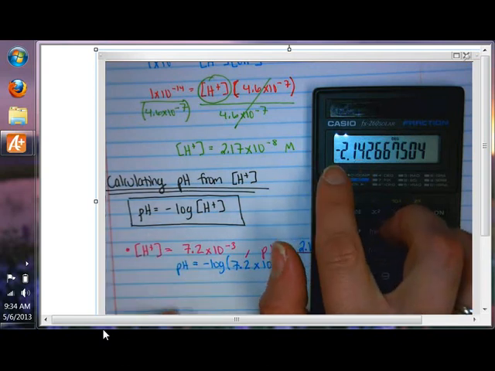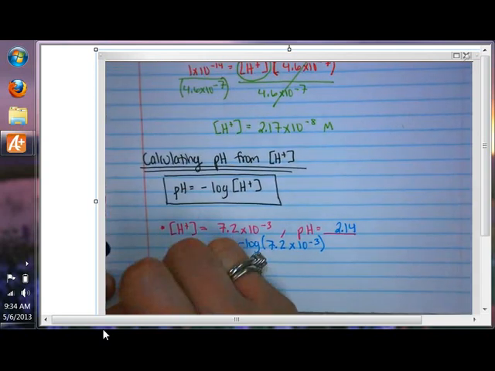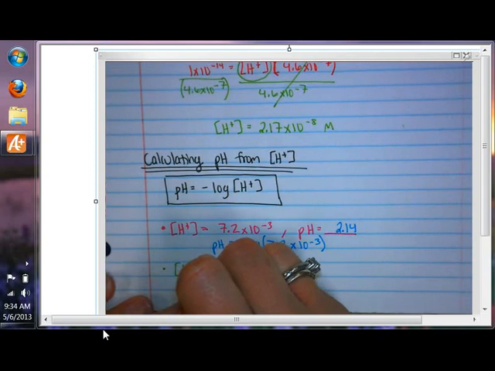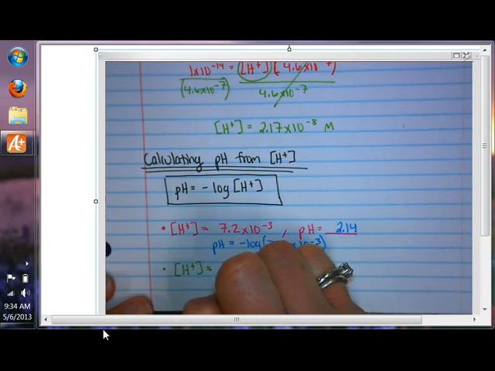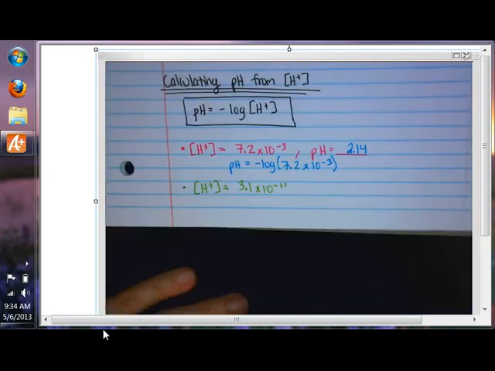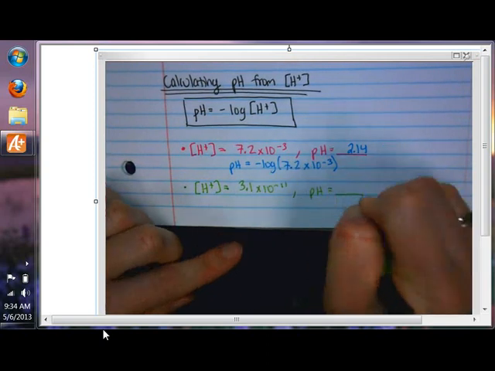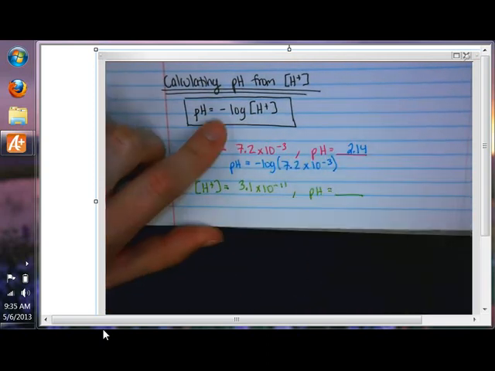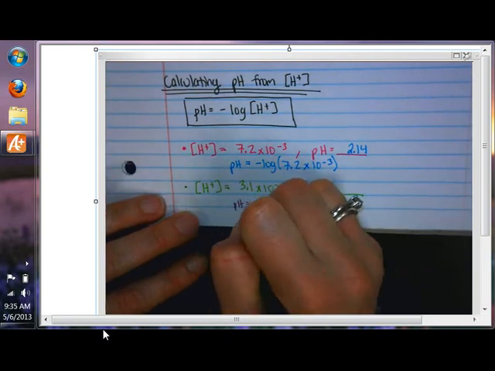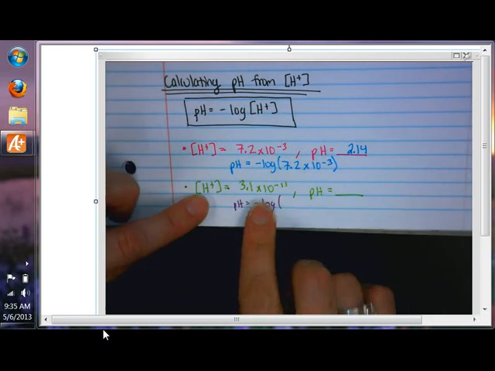Let's do one more example of this. The concentration of H+ equals 3.1 times 10 to the negative 11th. And they want me to find the pH. I just use this very simple formula. pH is going to be the negative log of my concentration of hydrogen, which is 3.1 times 10 to the negative 11th.